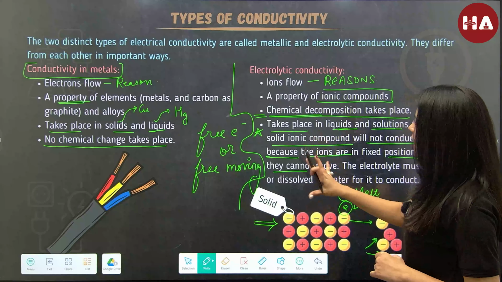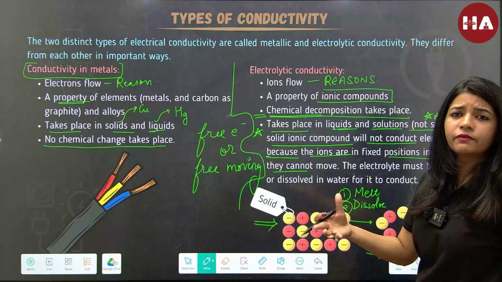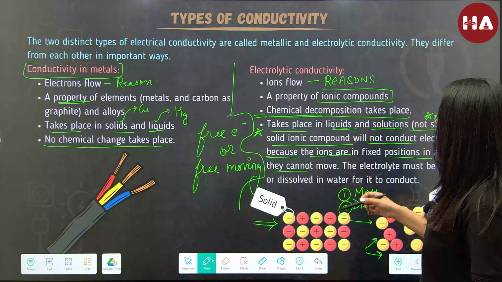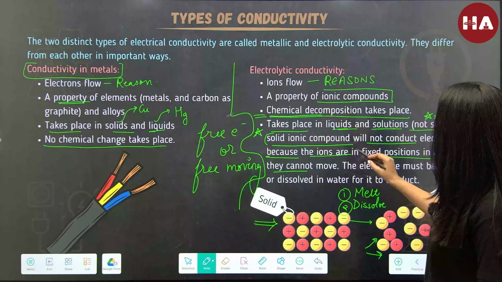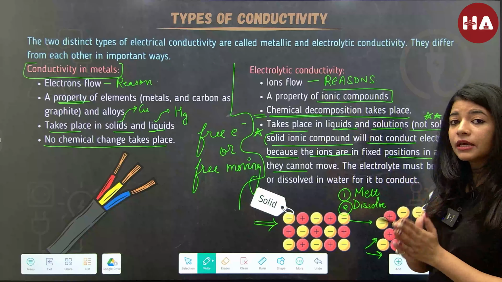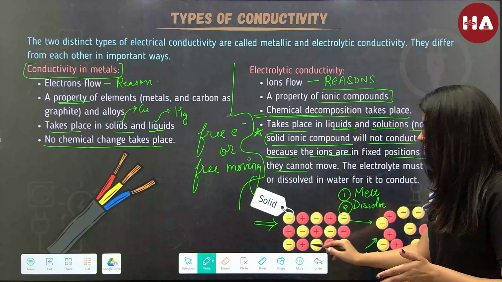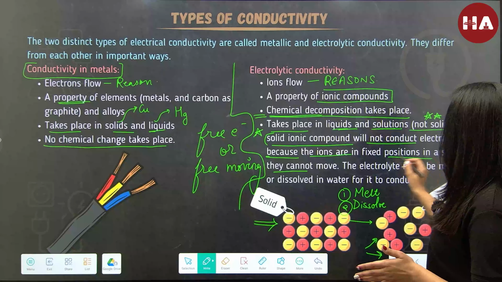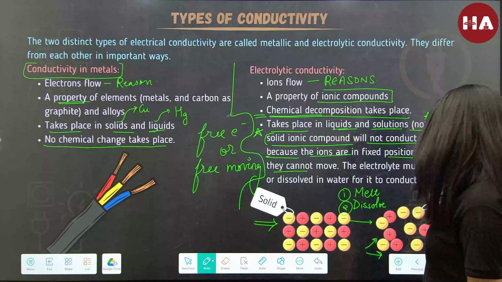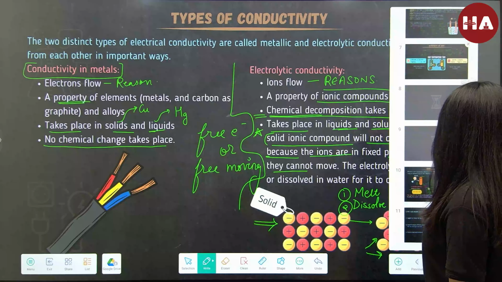I told you to write this down because it is very important, and a lot of questions were asked in the previous papers as well. A solid ionic compound will not conduct electricity because the ions are fixed in their position. Can you see? Fixed position of ions in a solid. They cannot move. The electrolyte must be melted or dissolved for it to conduct electricity.